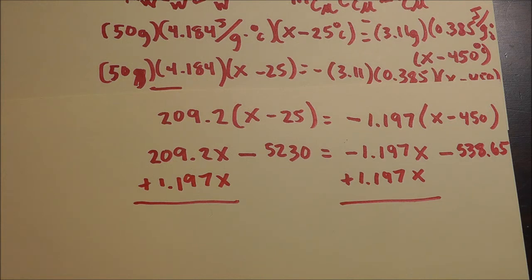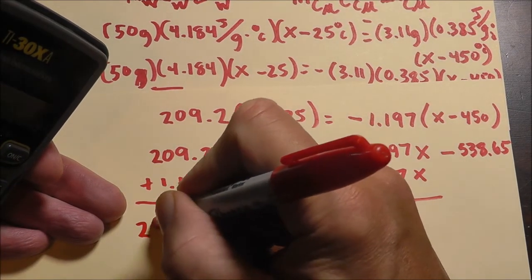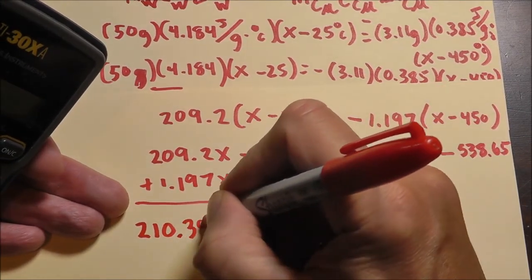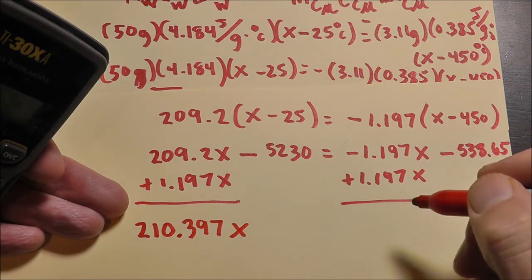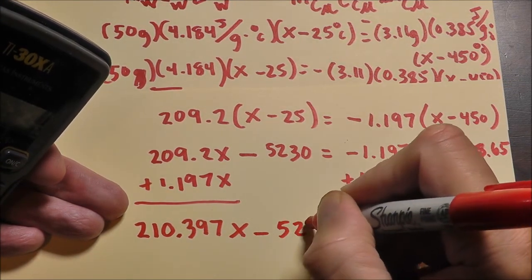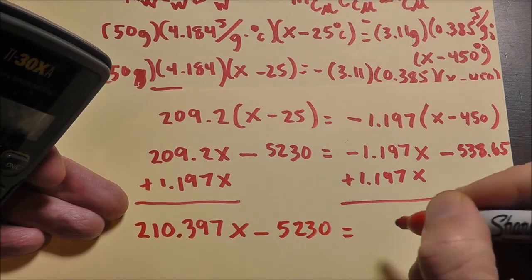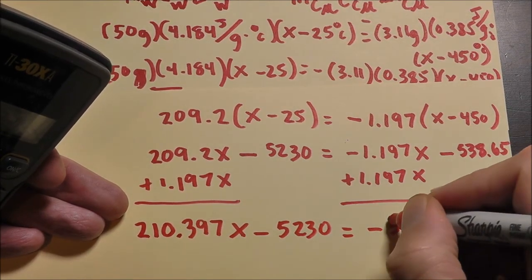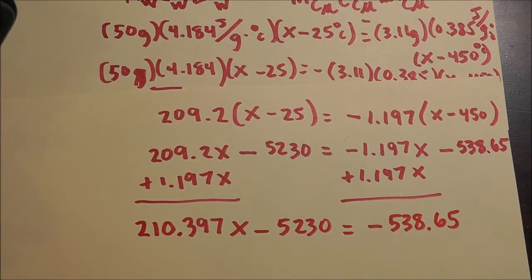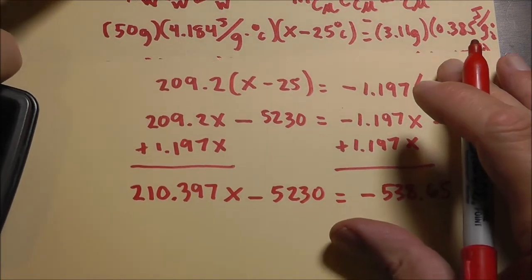So 209.2x plus 1.197 is 210.397x minus 5,230 equals negative 538.65. All right, let's get all my numbers that aren't x's on the same side.